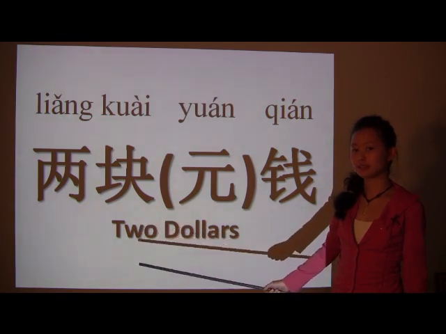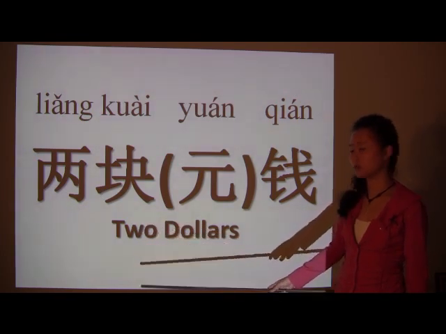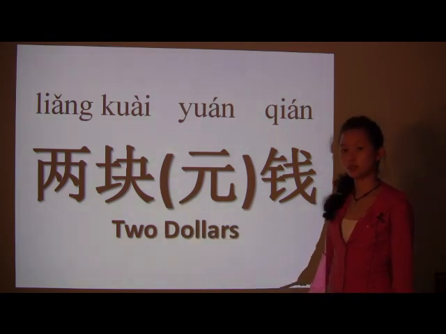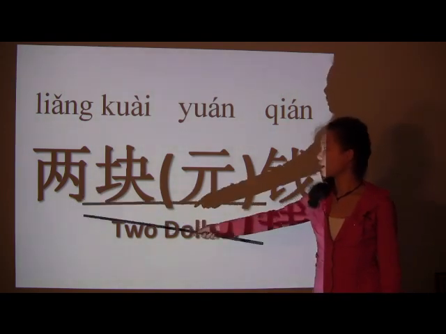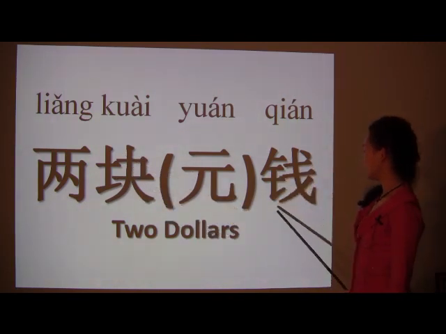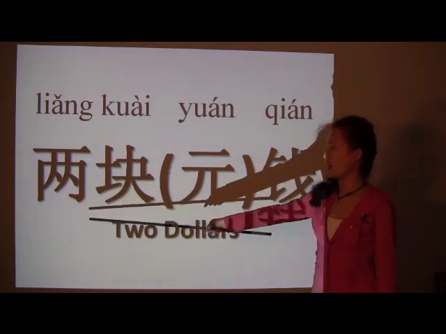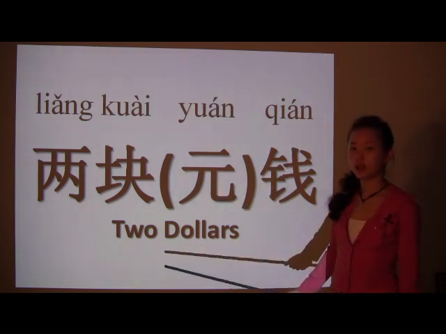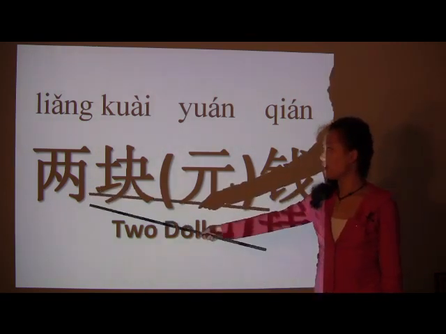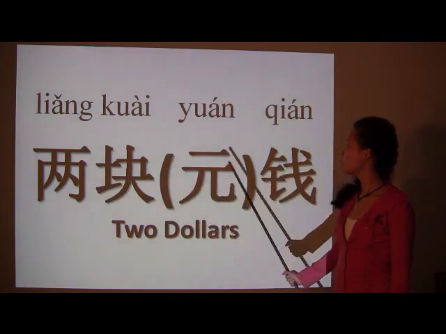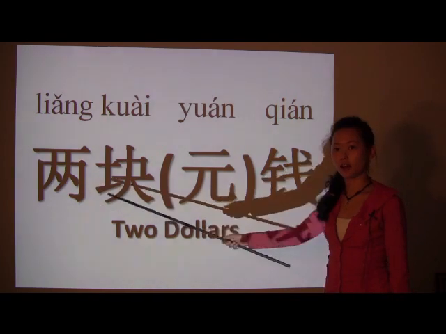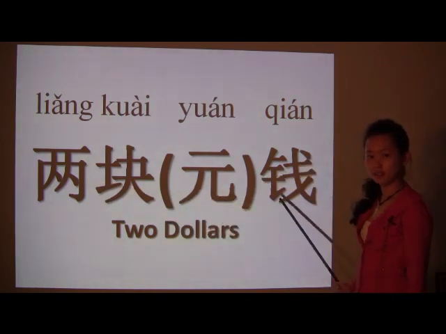It doesn't apply to cents, which we will get to very soon. So to say $2, you can say 两块钱 or 两元钱.